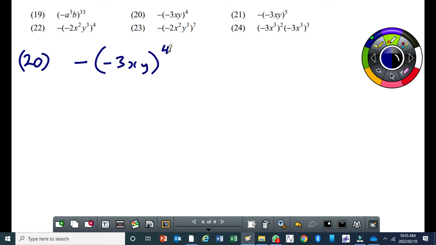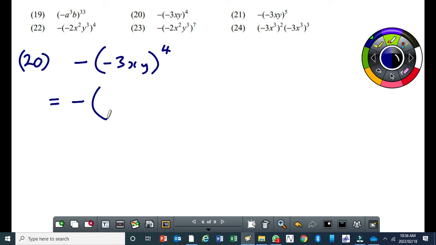Here, we are multiplying minus 3xy by itself 4 times. So it's minus 3xy times minus 3xy times minus 3xy times minus 3xy. First, I'm going to simplify what's inside the brackets by distributing the exponent.